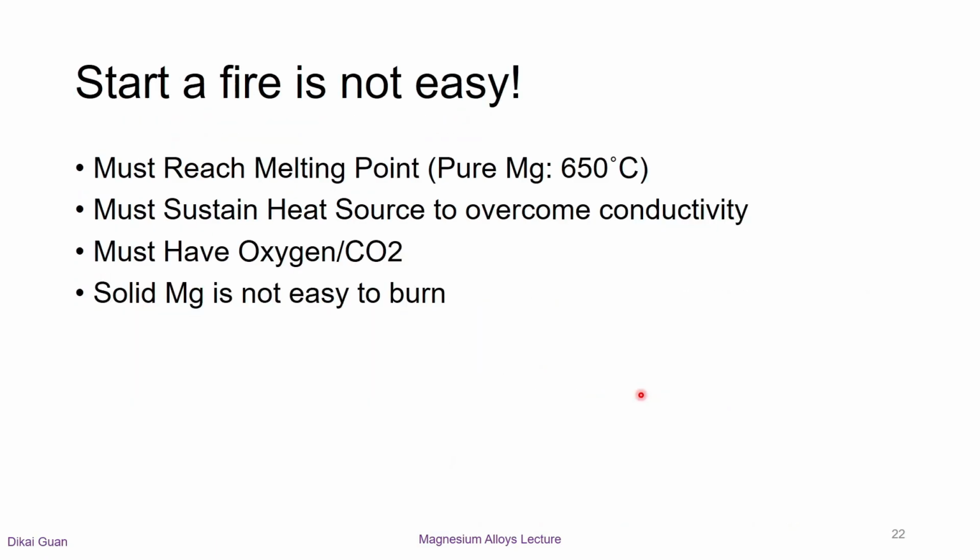However, don't panic. Starting a fire with magnesium is not easy. The temperature must reach the melting point, a heat source must be sustained to overcome conductivity, oxygen or CO2 must be present, and solid magnesium is not easy to burn.